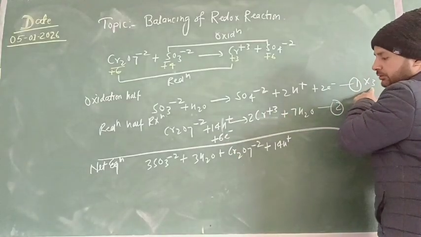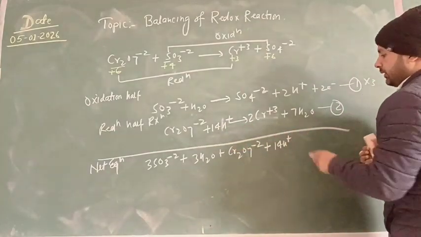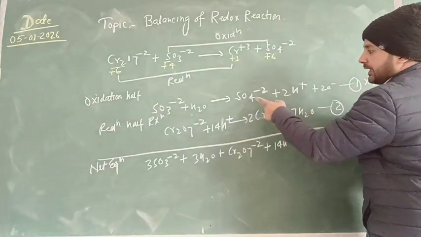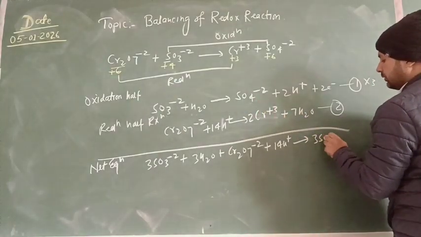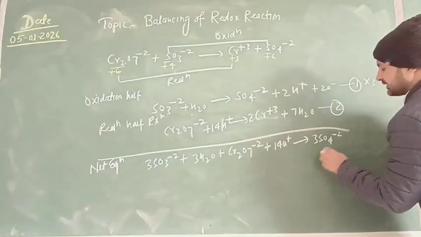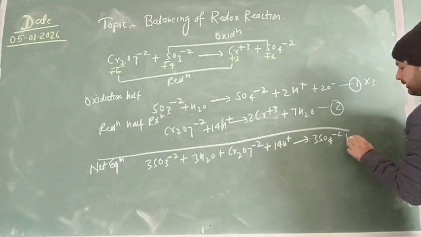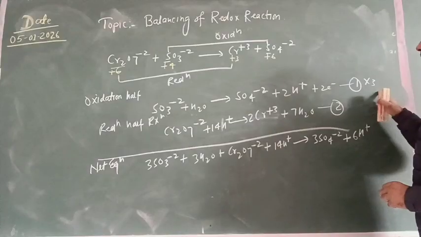It will cancel out, so I am just removing the 6 electrons. Okay. Now we will put the arrow. We will write the right portion: 3SO4 minus 2, 3 twos are 6 H plus.